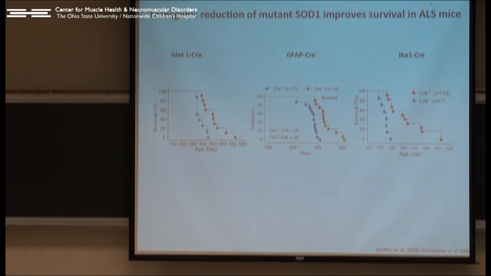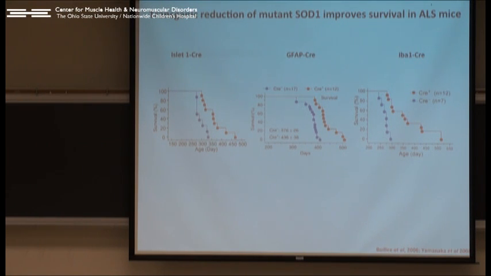And what was published by this group was that transgenic reduction of mutant SOD1 in various cell types improved survival in all of the cases. The blue lines are the G37R animals that were the control animals, dying at approximately 300 days median survival.